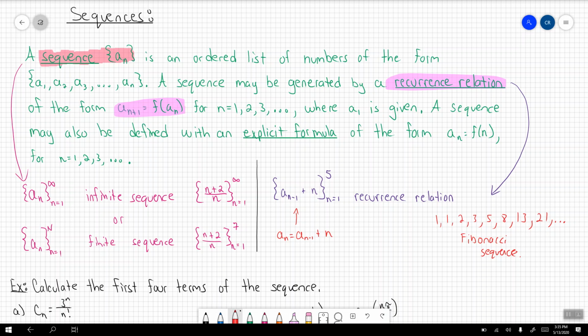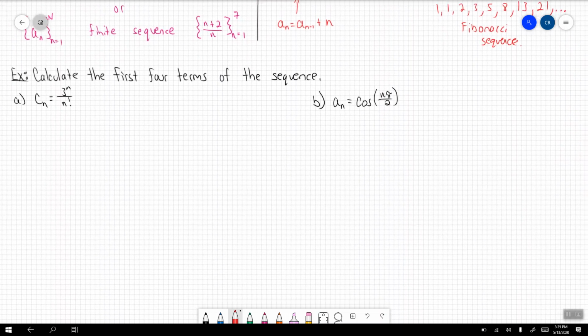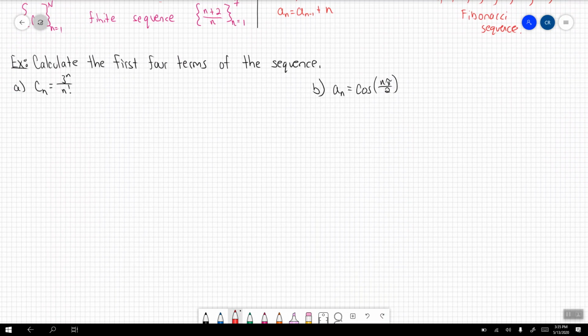Now that we have this whole idea for how to work with sequences, let's start looking at how we find these terms and how we generate these sequences. If you look at this example, we're going to do two examples here, part A and part B, and the instructions say to calculate the first 4 terms of the sequence.